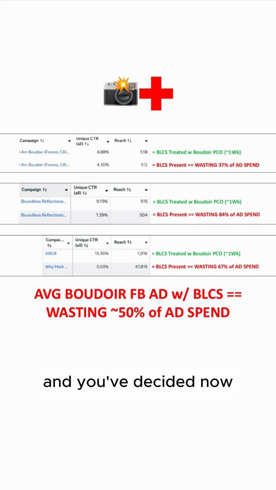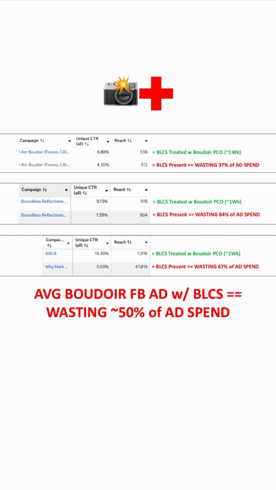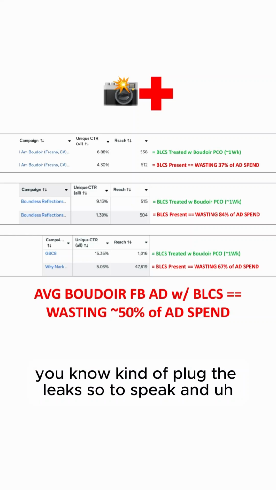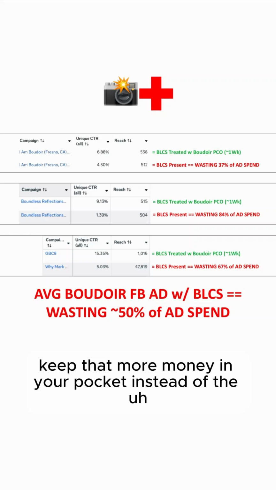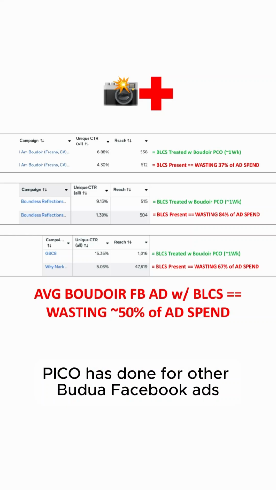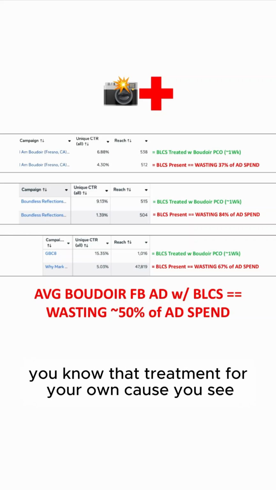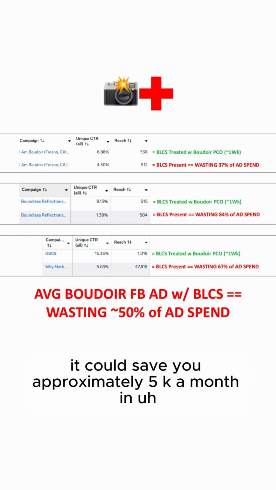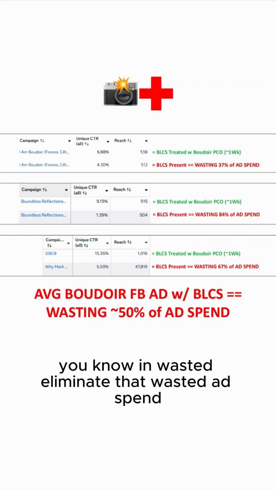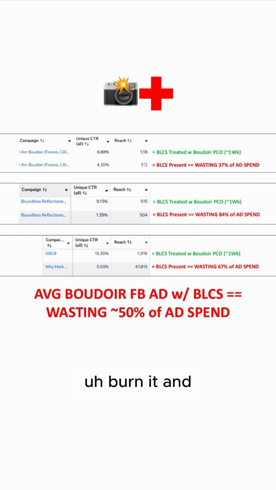And you've decided now you want to extract that same optimization through your current boudoir Facebook ads. You want to plug the leaks, so to speak, and keep more money in your pocket instead of the Zuckinator's pocket. You've seen what Boudoir Pico has done for other Boudoir Facebook ads, and you want that treatment for your own, because you see it could save you approximately 5K a month, eliminating that wasted ad spend, keeping it in your pocket and not needing to burn it.